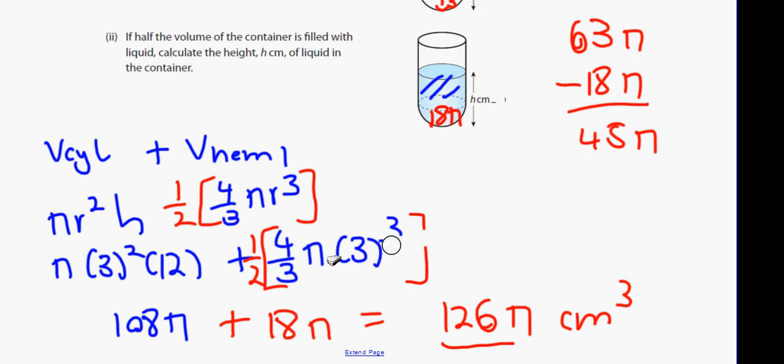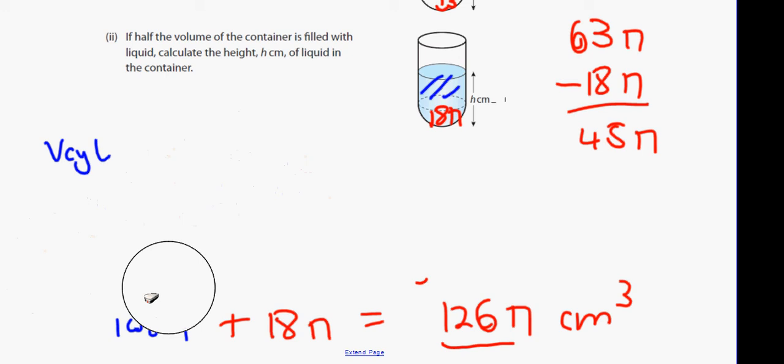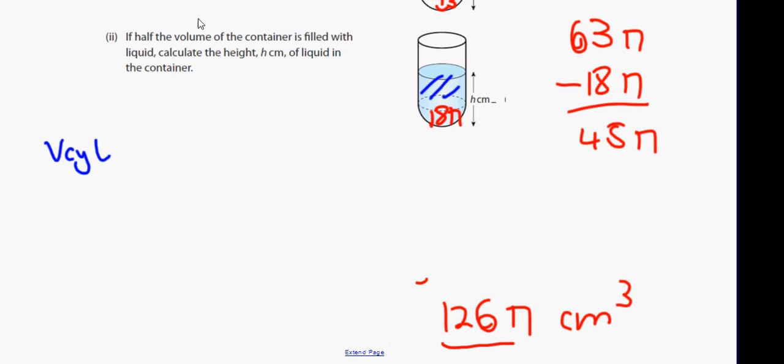So all we have to do now is the following. Volume of a cylinder is pi r squared h. Now, what I'm going to do is find out the height of the cylinder, and I'm going to call this height x.